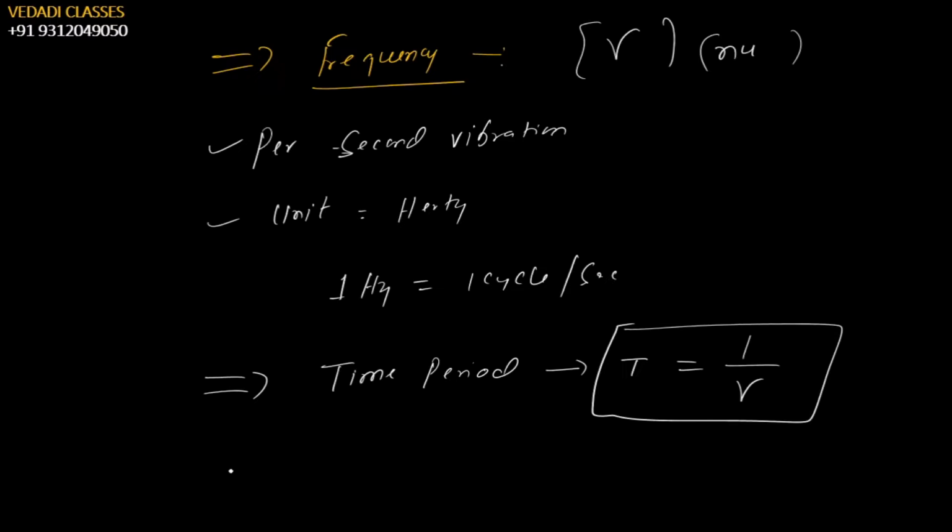Now here is one more thing we have to study, that is the wave number. So what is the wave number? It is related to the wavelength. Basically, wave number is the reciprocal of the wavelength.